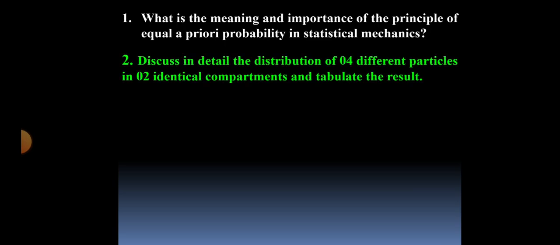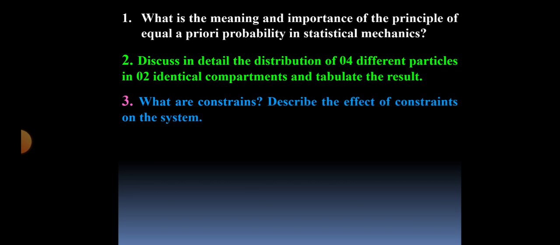Question number 2, discuss in detail the distribution of 4 different particles in 2 identical compartments and tabulate the result. This is important questions. You have to take 4 different particles like A, B, C and D, and have to distribute in 2 different compartments, and have to calculate their thermodynamic probability, macrostate, microstate, etc.